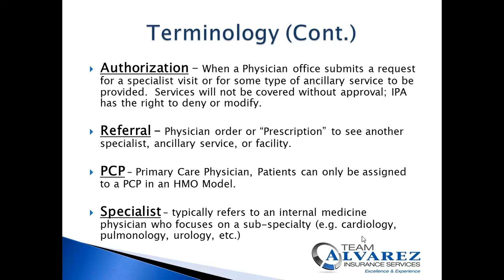A PCP is very, very important. They're really what steers everything within this IPA model. Patients can only be assigned to a PCP in an HMO model, which is a lot of times why you have difficulties, especially dealing with Medicare, Medi-Cal beneficiaries or the dual eligibles, because you have specialists who basically act as both the primary and specialty physicians.